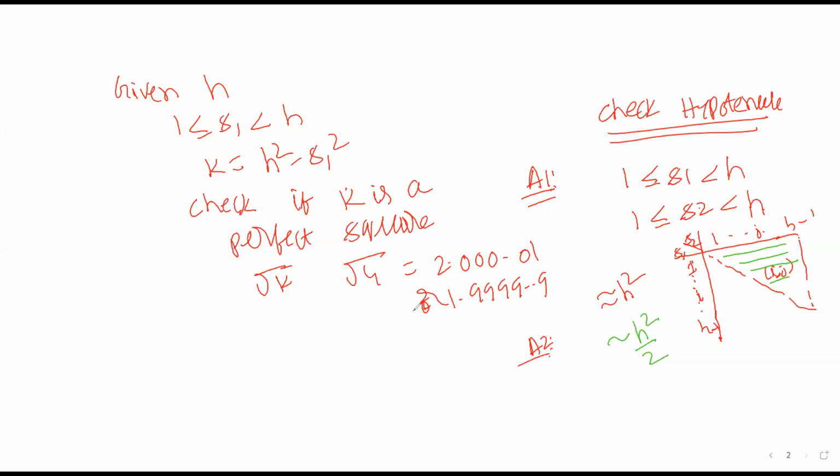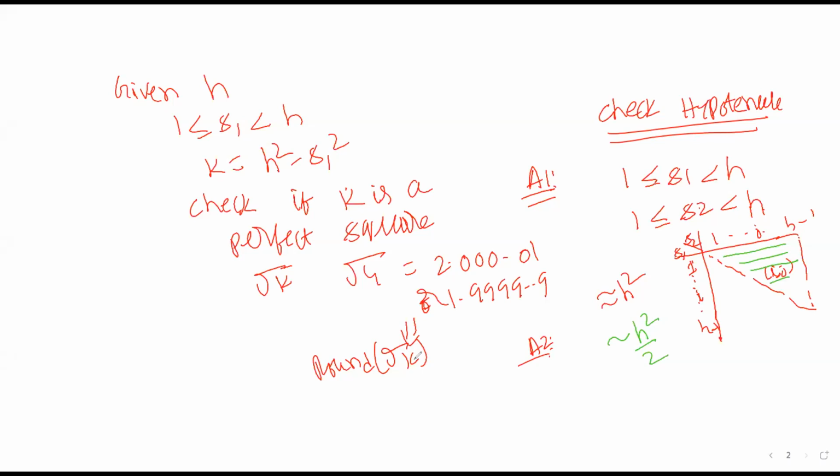With high probability, if we round the square root of K to an integer and then check it, but even if you round, checking whether it is an integer or not is not easy. So there are problems in this approach of using the square root function.